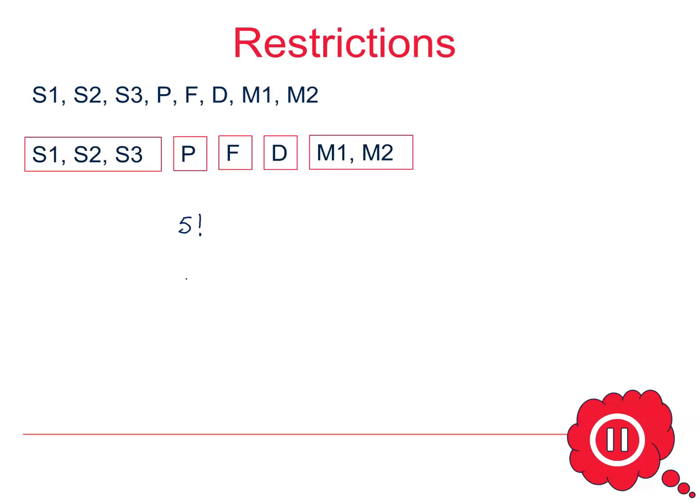OK. We said the books had to be together, but not necessarily in order. So while I've got S1, S2, S3 here, it could be S1, S3, S2. Or S2, S1, S3, and so on. So that gives me 3 factorial arrangements for each of these 5 factorial that I haven't counted.